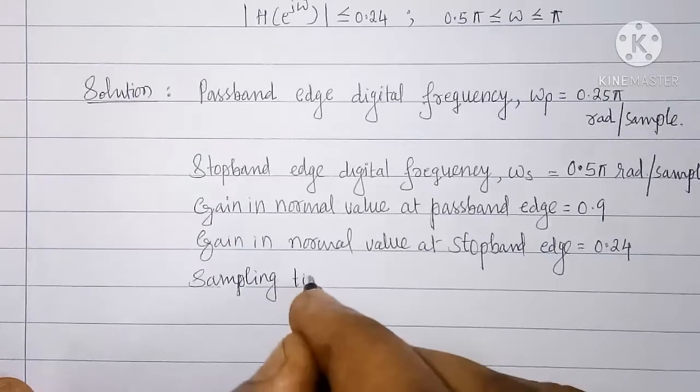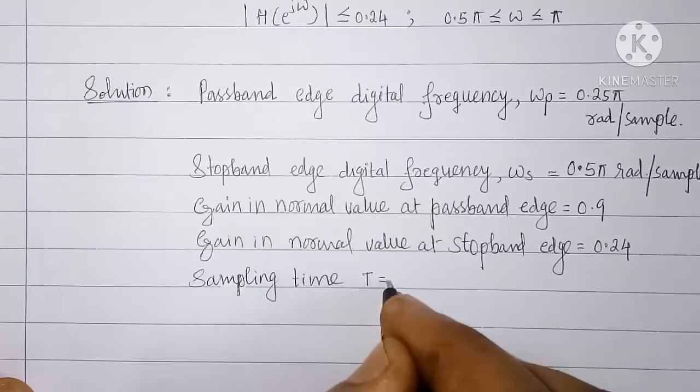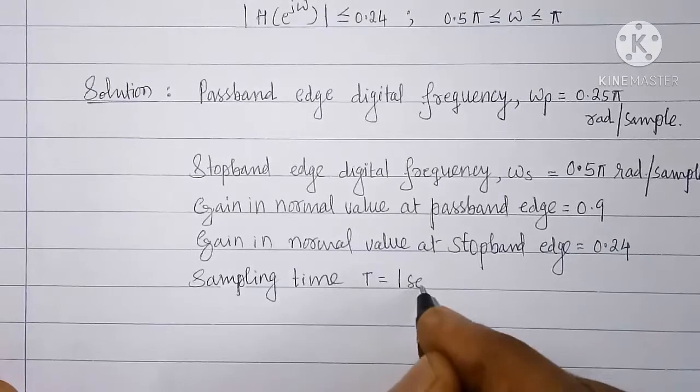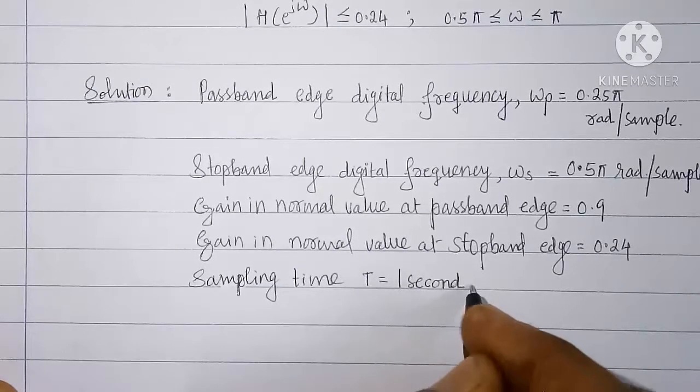Sampling time capital T is equal to 1 second.